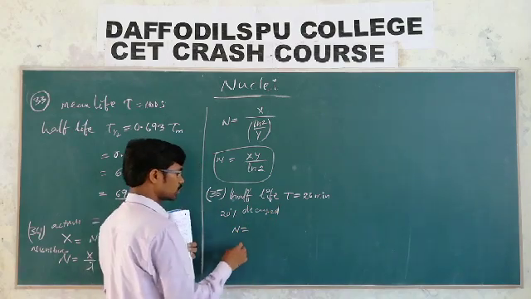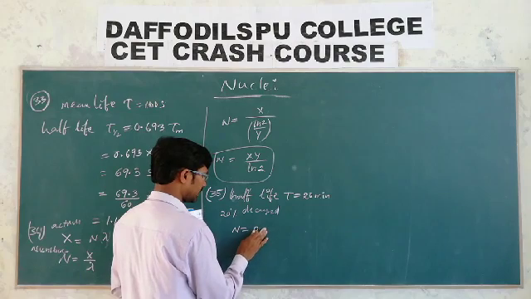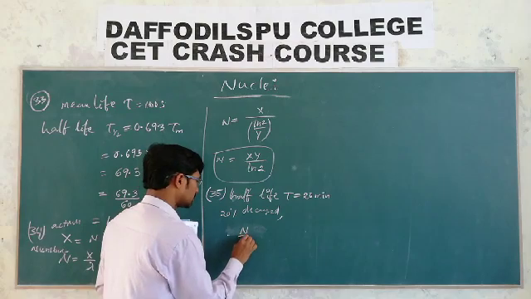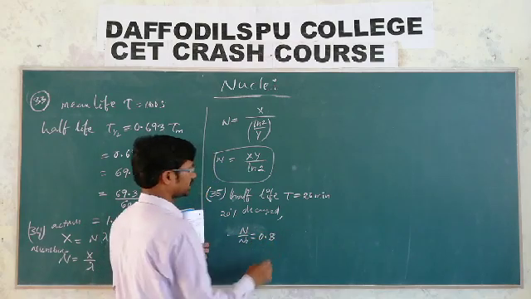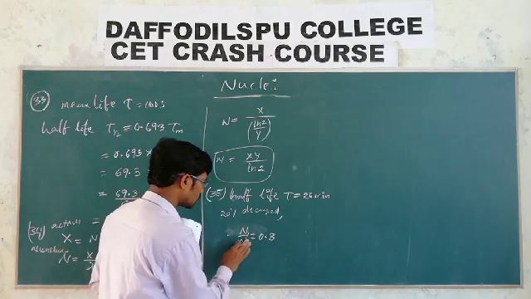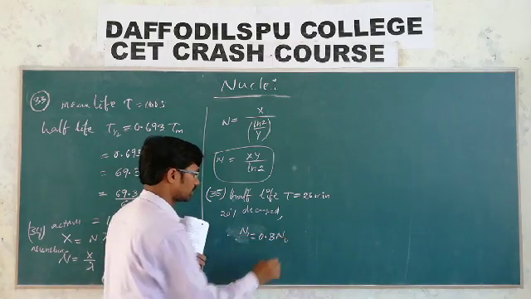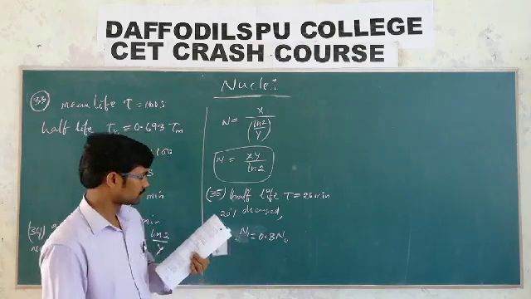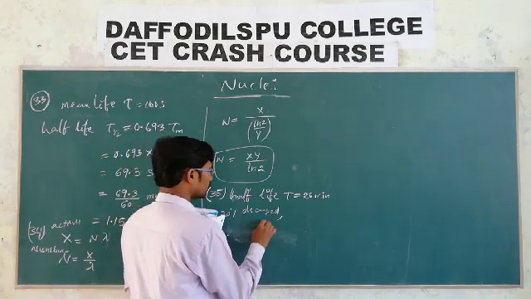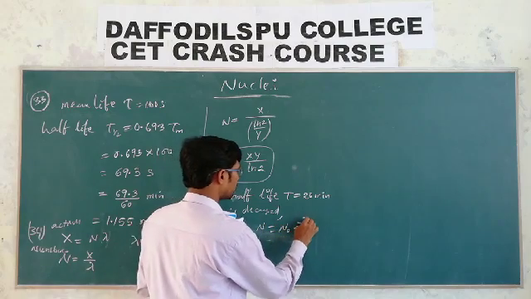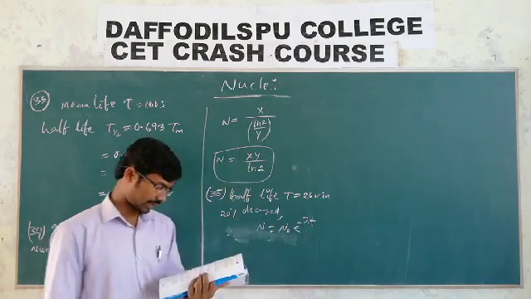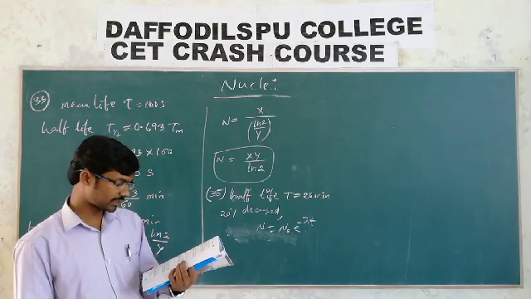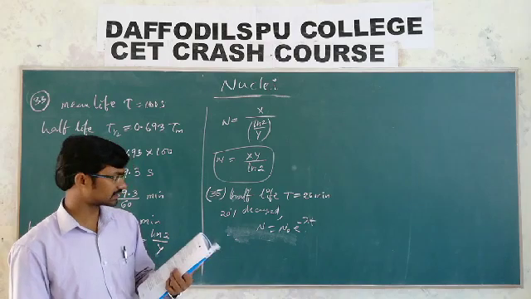Then n by n naught is equal to 0.8, so n1 is equal to 0.8 n naught, which is n is equal to n naught into e power minus lambda t. You need to find the time between 20% and 80%.